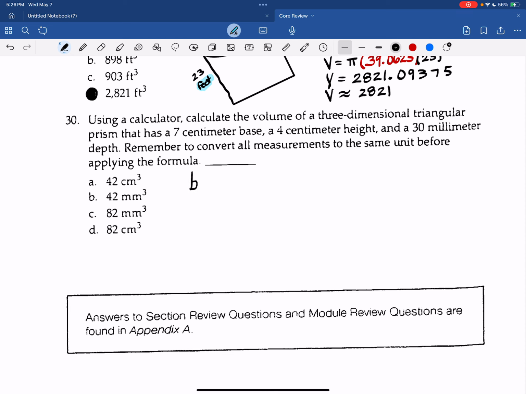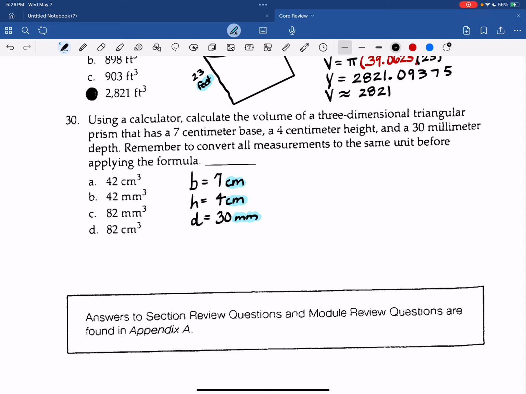The base is going to be 7 centimeters. The height is 4 centimeters. And the depth is 30 millimeters. So when you organize this one, you're going to realize, if you're putting the units, that you have a problem.